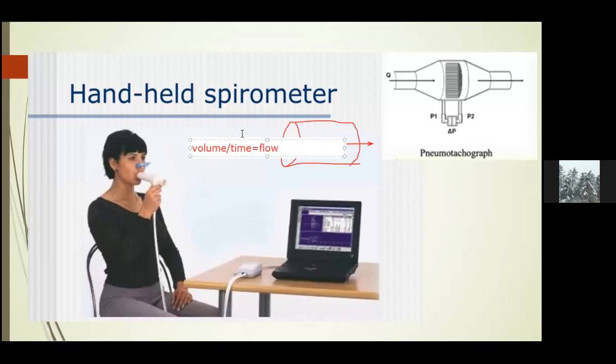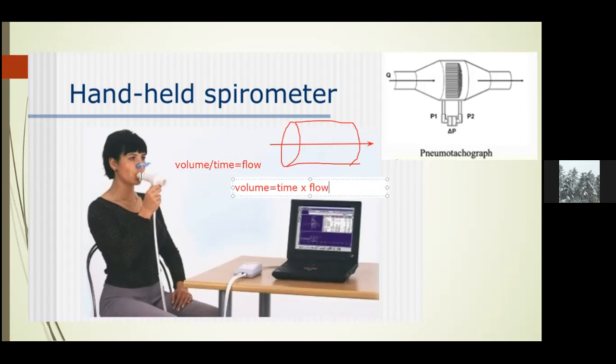Therefore, you can use the rate of flow to determine volume by taking this time component and multiplying it by flow, and you're going to get your volume.